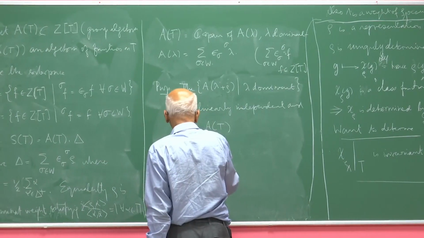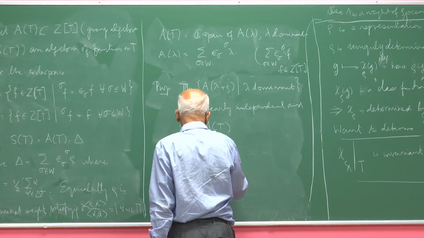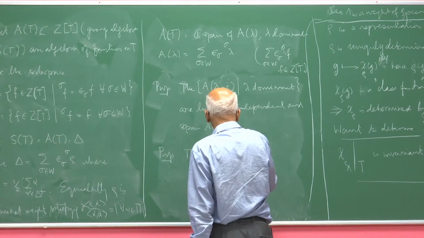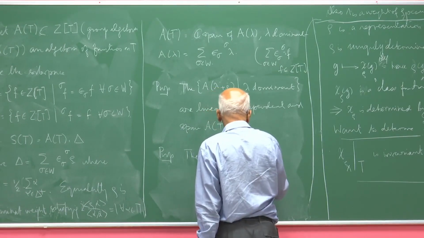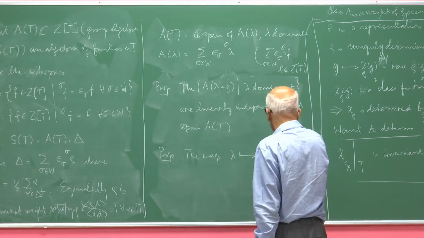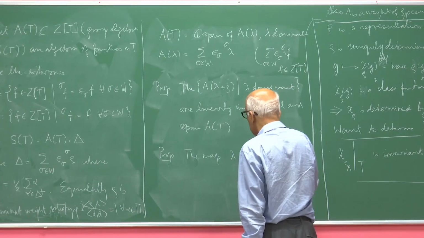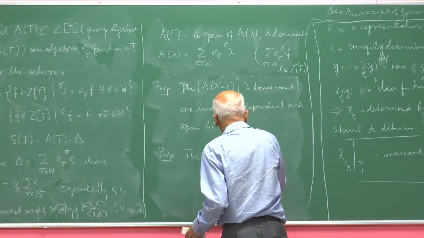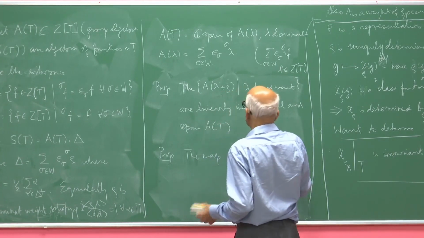Let the map lambda going to the map f going to f times delta.